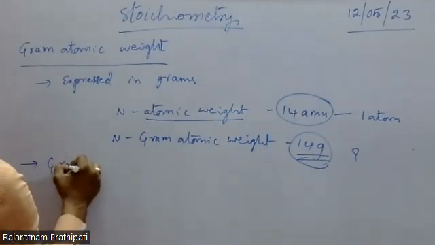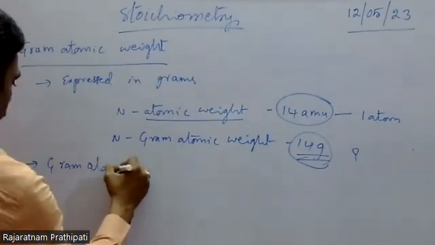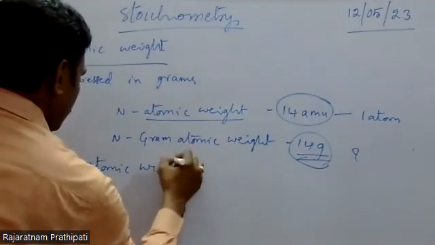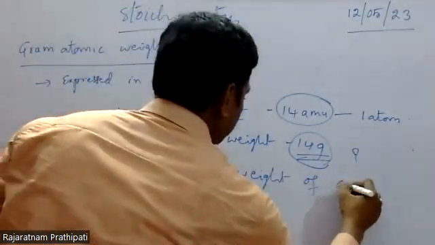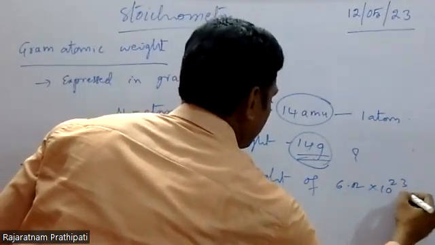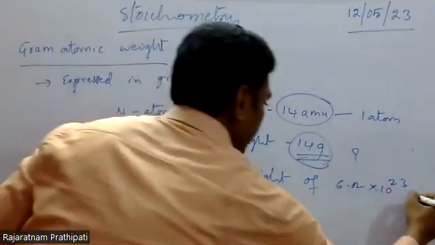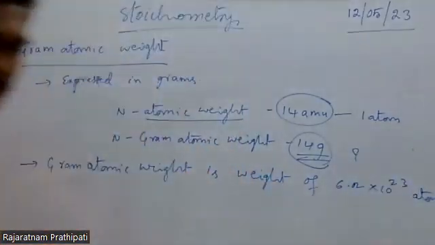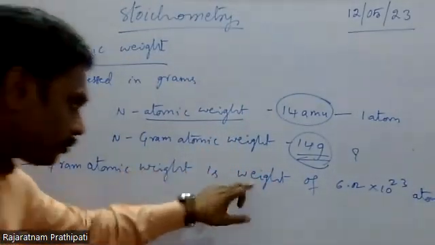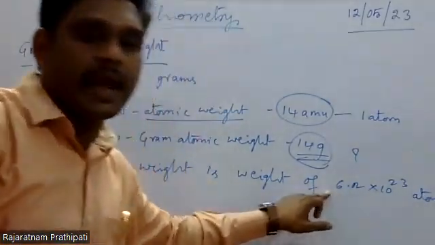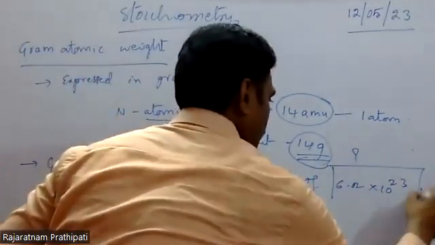Gram atomic weight is the weight of 6.02 into 10 to the power 23 atoms. Gram atomic weight is what? The weight of these many atoms.